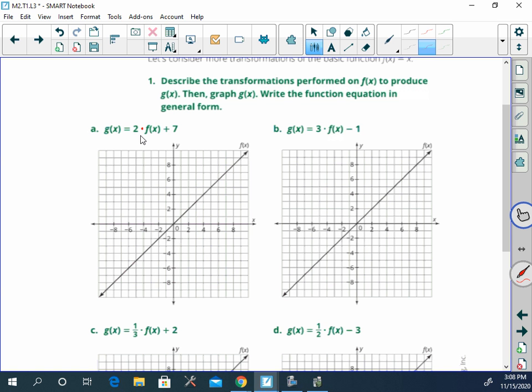So what this does is it's going to vertically stretch it by a factor of 2. So that's what I'm going to write here. The 2 is a vertical stretch by a factor of 2. And then this plus 7 in the back, that's going to shift it up 7.